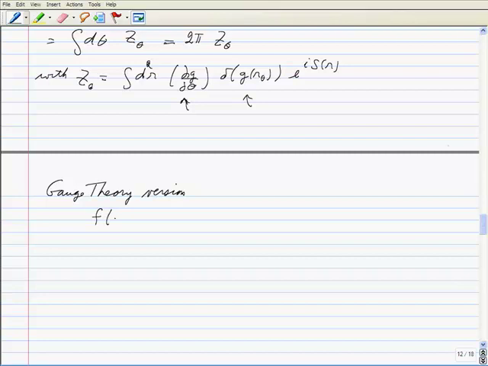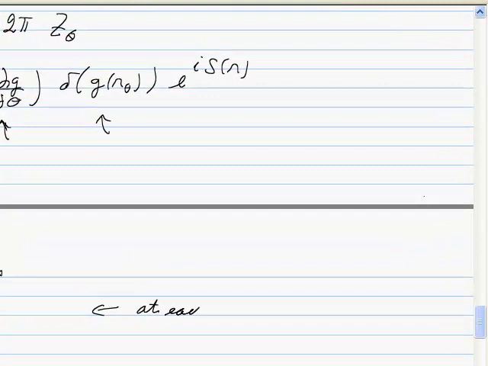F, some function of A mu, we can set equal to 0. This will be the constraint that sits inside the delta function. But this is one at each point in space-time. So basically you impose this at every point. It's a lot of constraints. It's not just one.